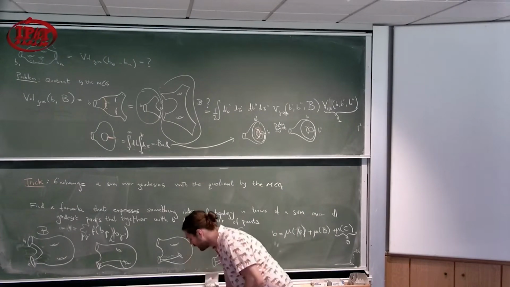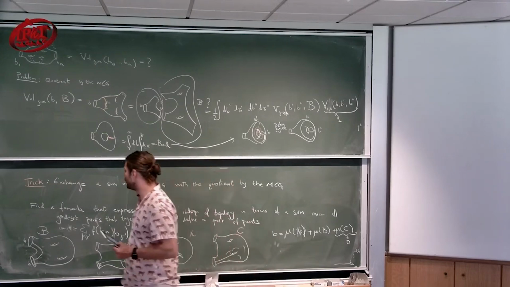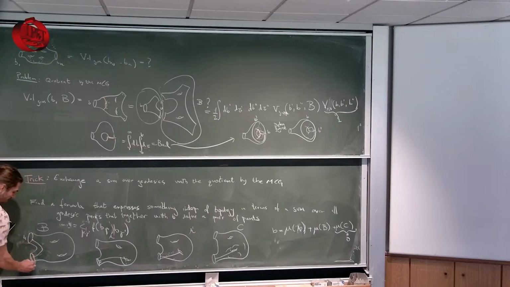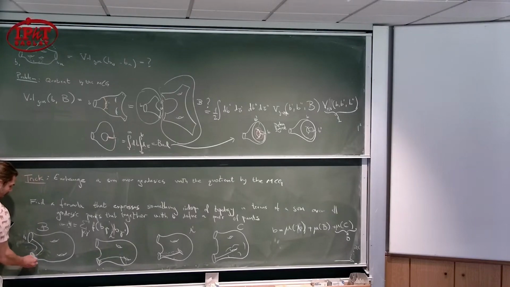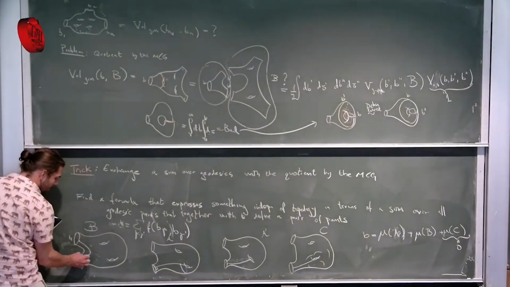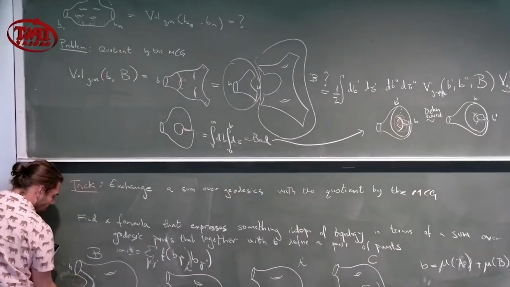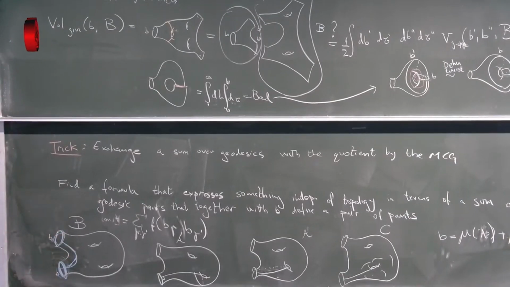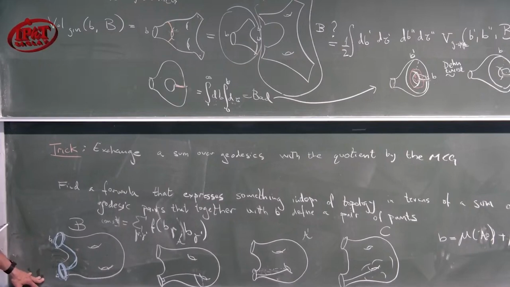Okay. So the nice thing about shooting these geodesics inside is that together with the external boundary, in this case this geodesic and this external boundary, this defines a unique pair of pants on the geometry.